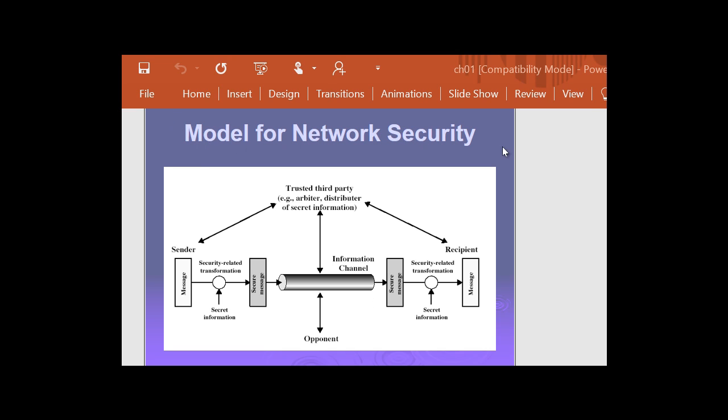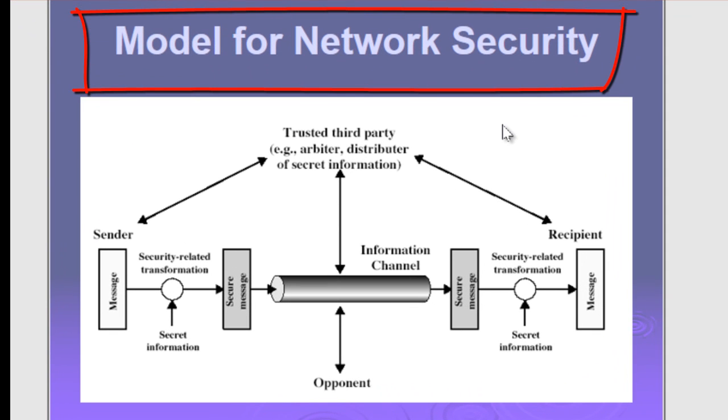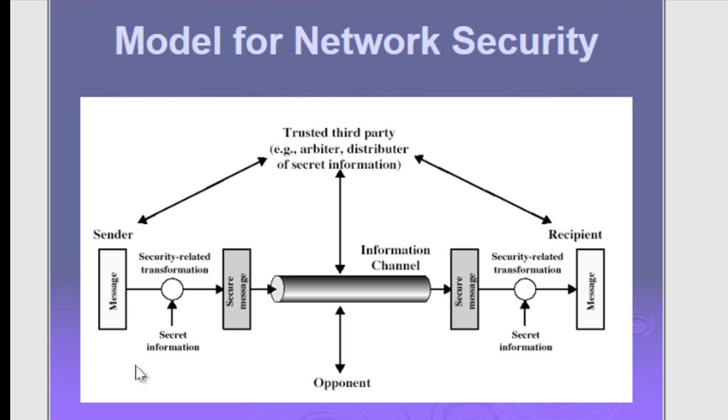Okay, let us see the model for network security. This is how network security is designed. In network security, the sender sends a message securely through some information channel to the recipient. For this, the sender first encrypts the message using some secret information, so that it becomes a secure message.